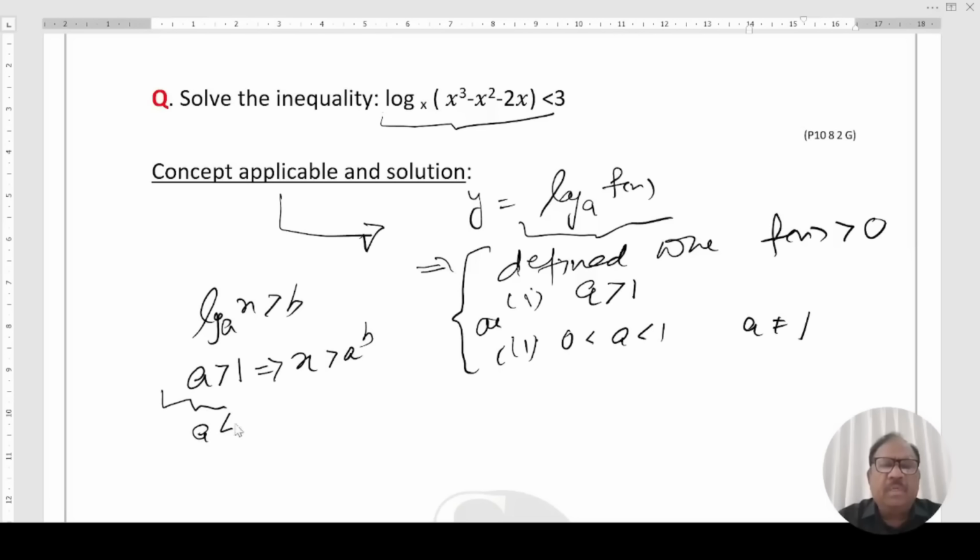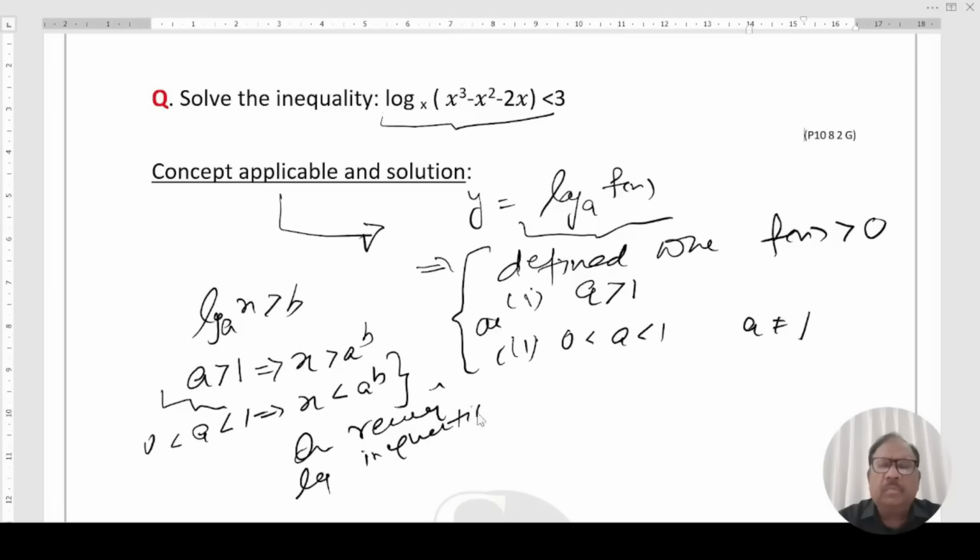If a is less than 1, greater than 0, then x will be less than a to the power b. Means on removing log the inequality sign will change when this condition is there. If this is the case, the inequality sign will not change.